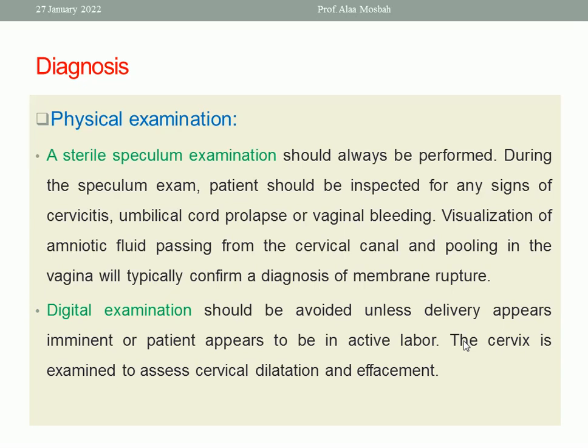So use a sterile speculum examination and inspect for the signs of cervicitis, umbilical cord prolapse, any vaginal bleeding, and sometimes you can visualize the amniotic fluid passing through the cervical canal and pooling in the vagina, and this actually confirms the diagnosis of membrane rupture. At the same moment, you can take a culture from this amniotic fluid and take a sample of it, as you will see, for investigations.